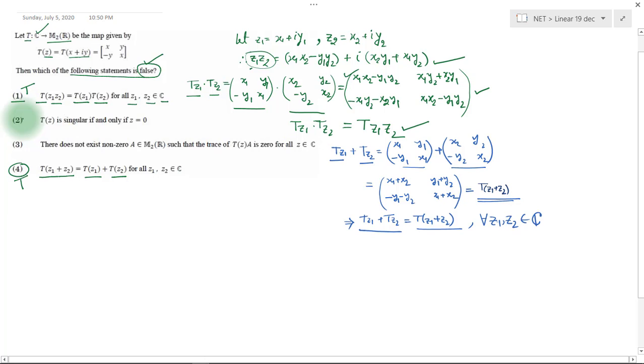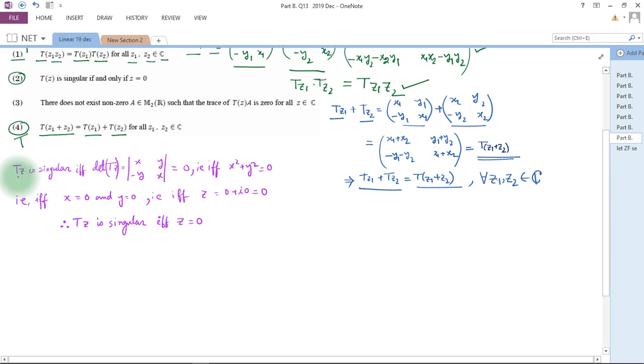Now let's check option number 2. Let TZ be singular. That means the matrix TZ is a singular matrix, and the determinant value of TZ will be 0. This will happen if and only if x square plus y square is equal to 0, which implies and is implied by x is 0 and y is 0.